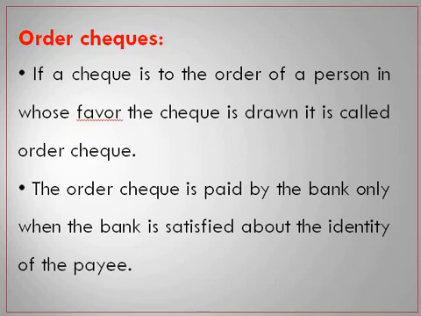Actually, this order check is paid by the bank only when the bank is satisfied about the identity of the payee. Sometimes, if the amount is high, they should sign on the back side of the check and show their identity, and they will ask for the phone number, signature, everything, and they will pass the check. That is the order check.